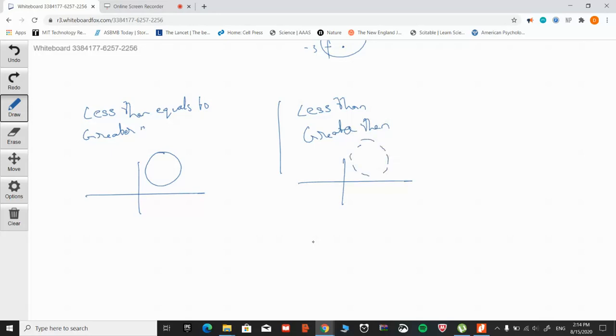So next time, for example, if the question says modulus of z minus 1 plus 2i is less than equals to 2, draw a solid circle and then shade the inside.